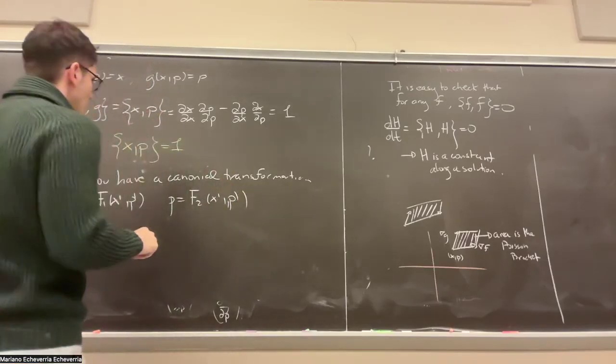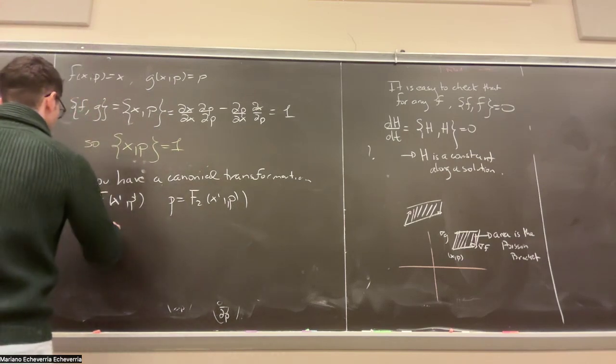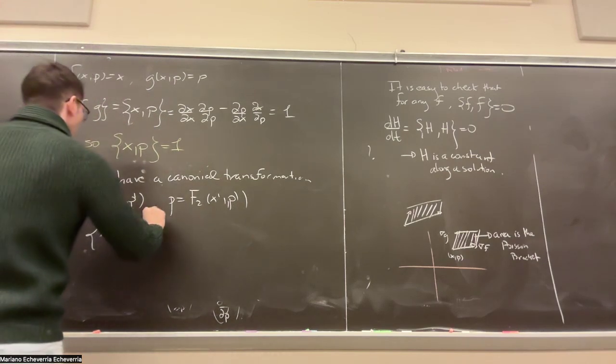Well, what should the Poisson bracket between x prime and p prime be?